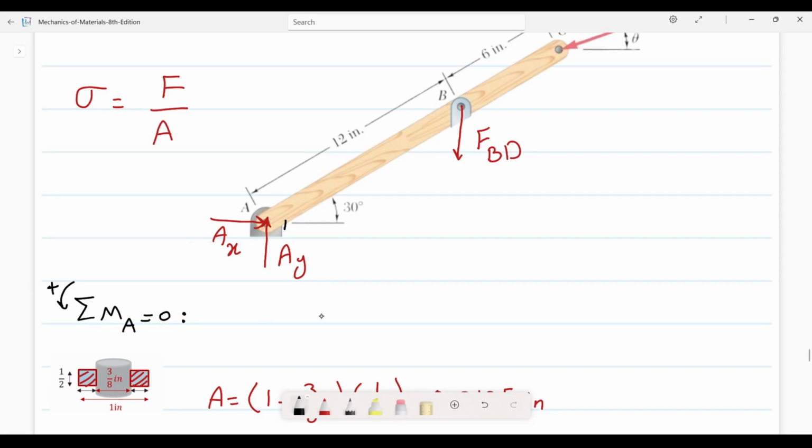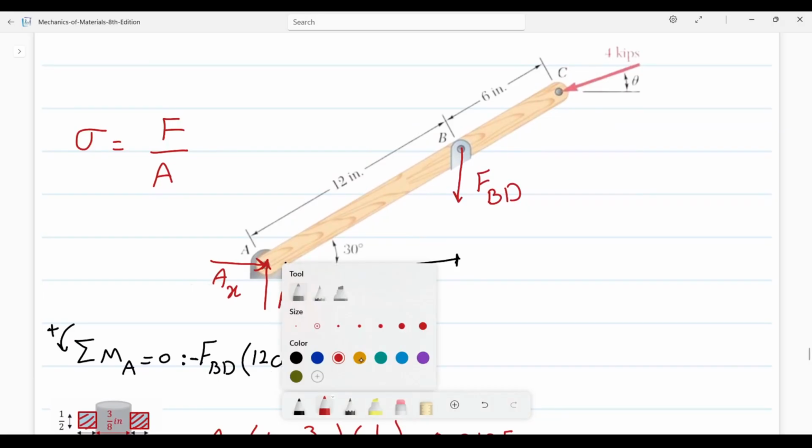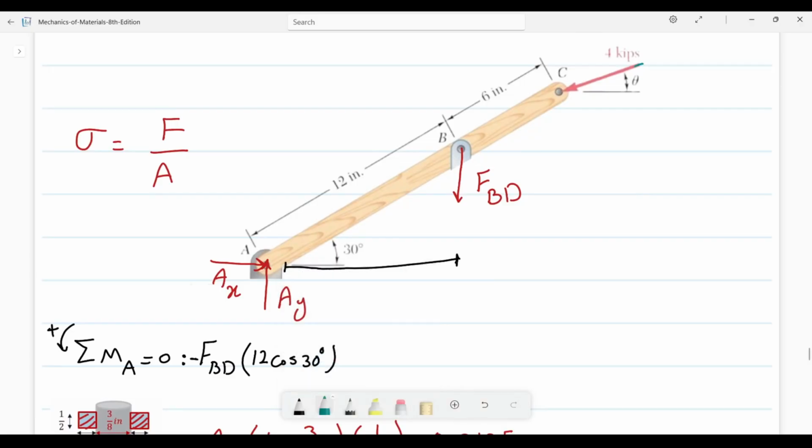It means FBD multiplied by 12 cosine 30 degree, minus, and we consider this force FC, plus FC cosine theta, it's equal to this.